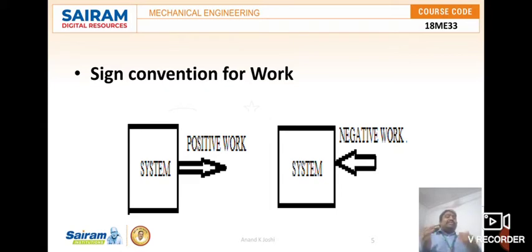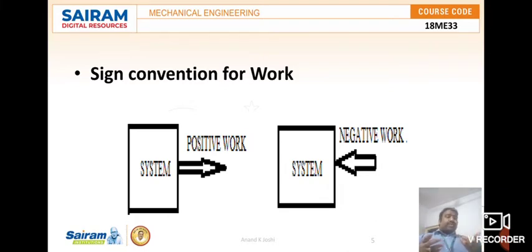For the negative work, how are we going to consider it? For example, the compressor. The compressor cannot run by itself. It has to work based on the investment of some input energy, means you have to supply some form of energy, electrical energy, then only the motor will rotate.